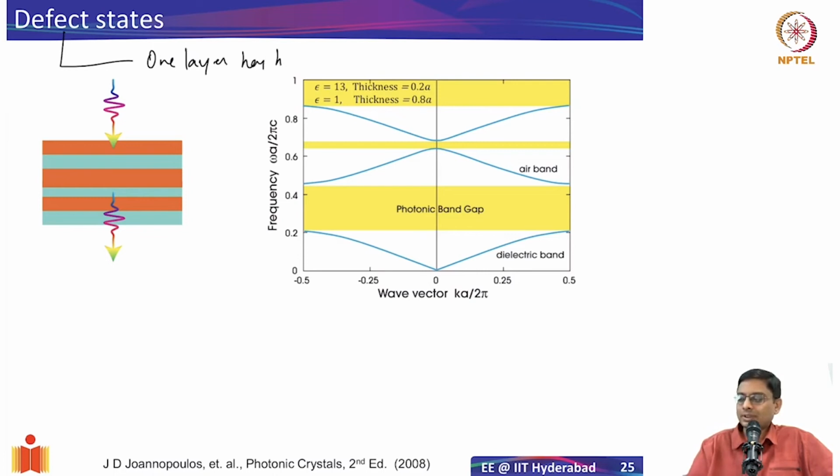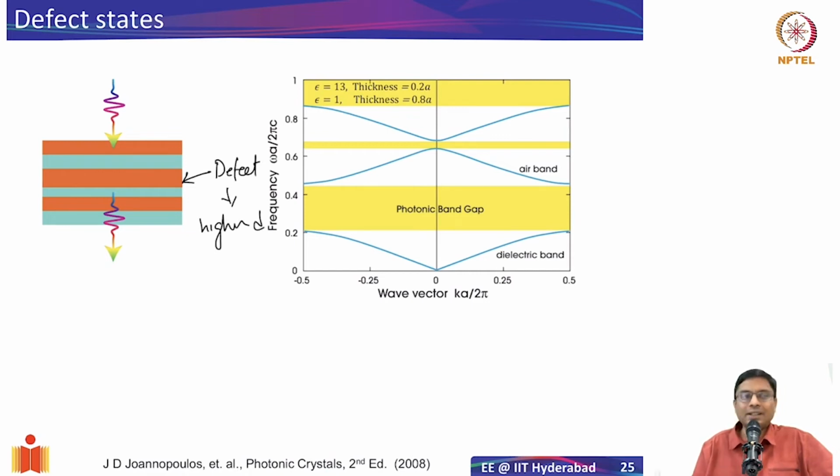Basically, thickness increases, we call it D. So let's say one of the layers is my defect layer because it has higher thickness than the rest, higher D than the rest. The other stack continuously has the same periodicity, but just one layer has a higher thickness.